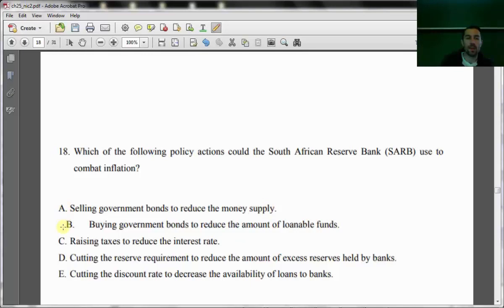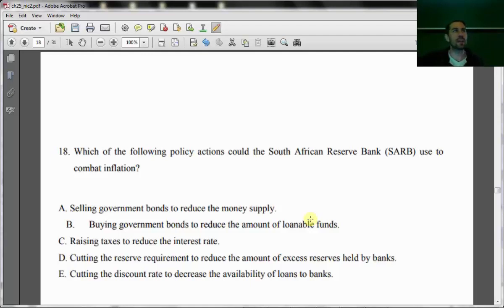What about option B? Buying government bonds to reduce the amount of loanable funds? Well, remember, when you buy government bonds, you inject cash. Why? Because if you want to buy government bonds, you've got to pay for them. How do you pay for them? With cash. The Reserve Bank takes the bonds and gives cash to the banks.